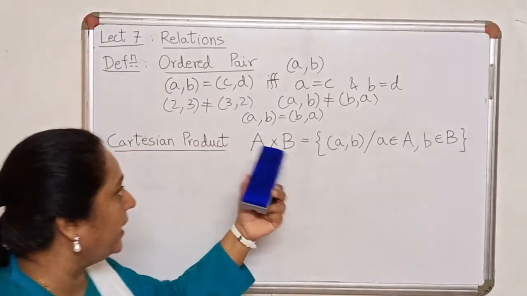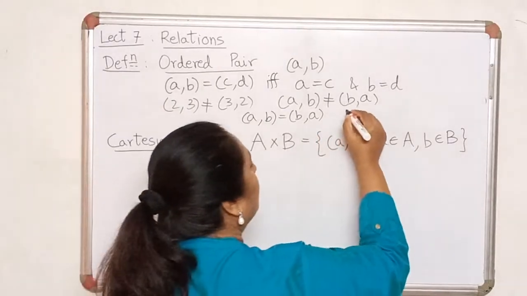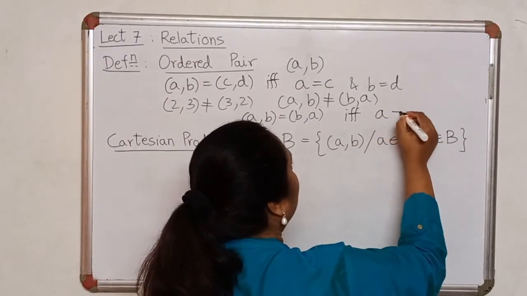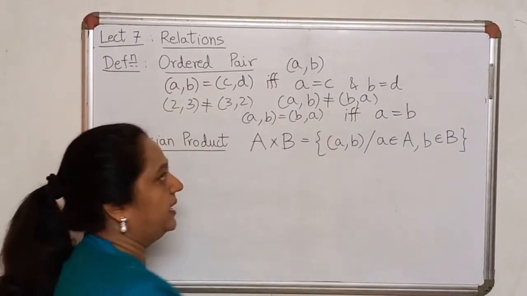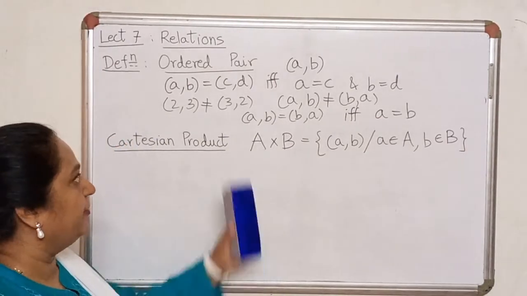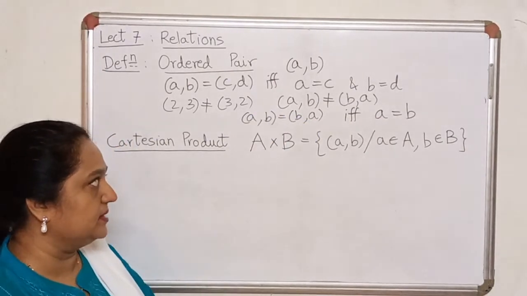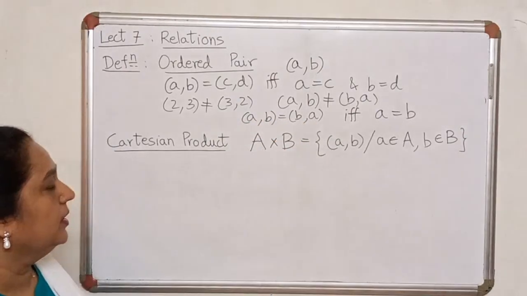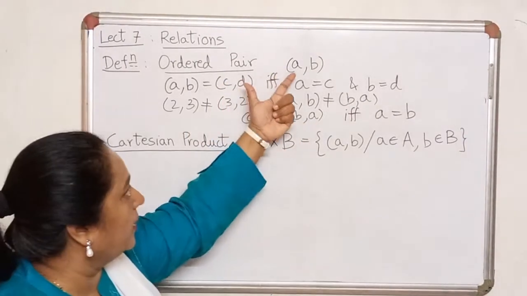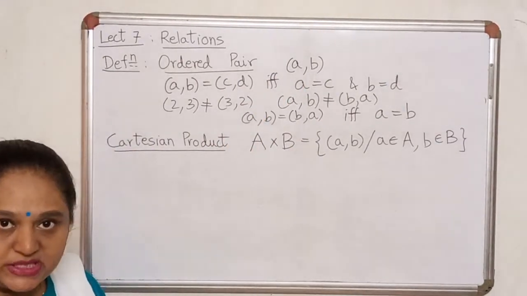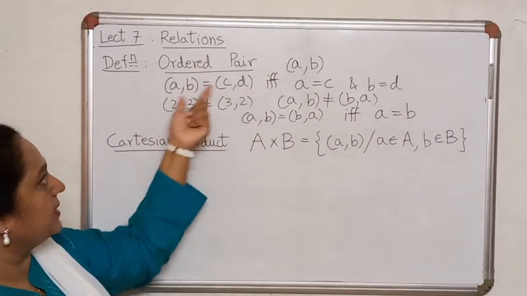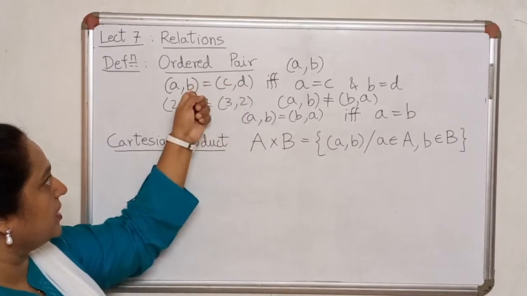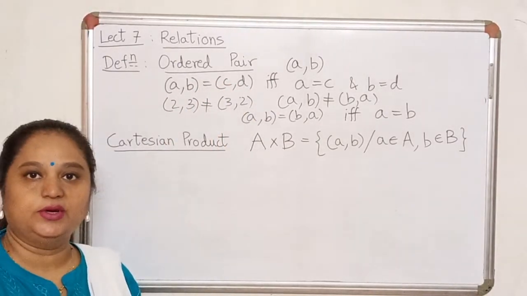So the ordered pair (A, B) will be equal to (B, A) if and only if the first element is equal to the first and the second is equal to the second. This tells us that A and B must be equal. So in an ordered pair, we have a pair of elements in a specified order and two ordered pairs are equal if and only if the first is equal to the first, second is equal to the second.